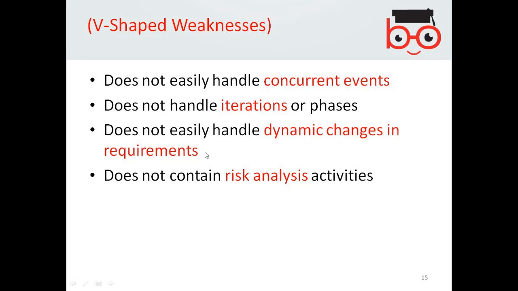For example, if you verified and approved it, and certain changes came into the requirements, then you won't be able to dynamically verify and validate it. Again, it will make it complex for you. It does not contain risk analysis activities. So that's also a weakness of this model.